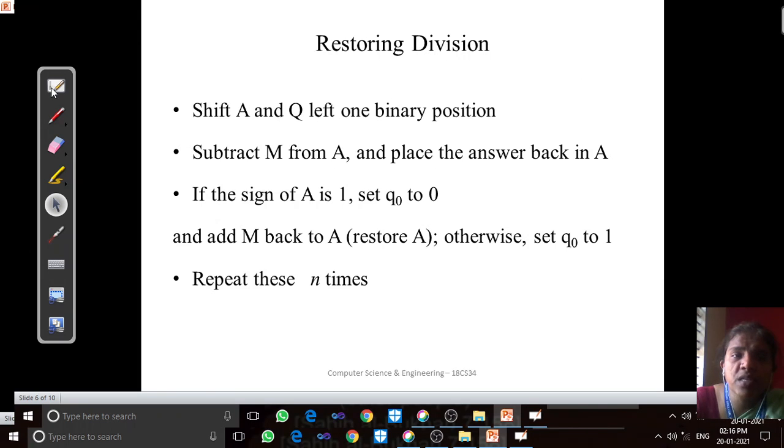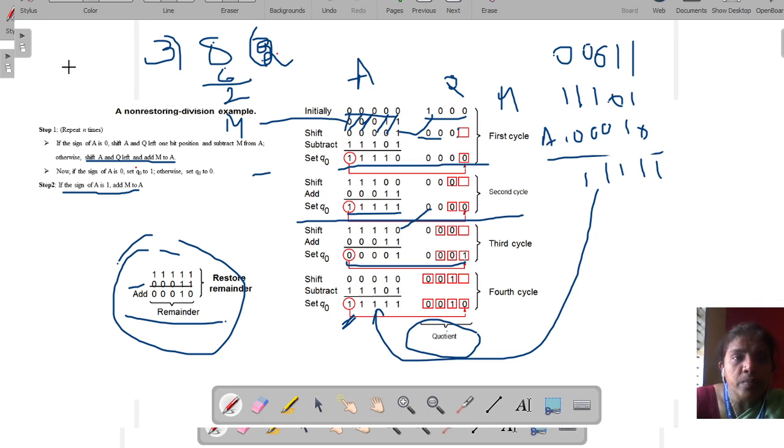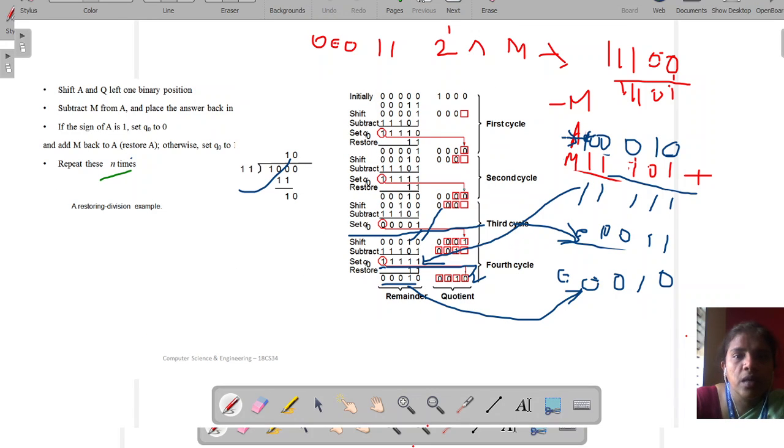Let us look into the restoring division example. Here the steps are, step 1 is to shift A and Q left 1 binary position.